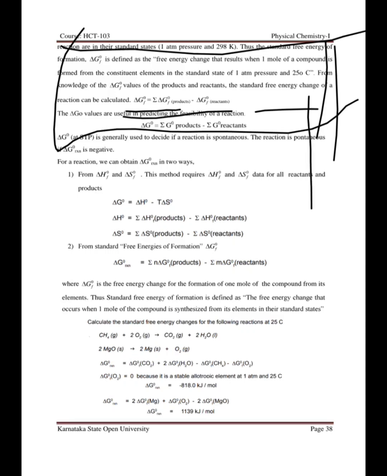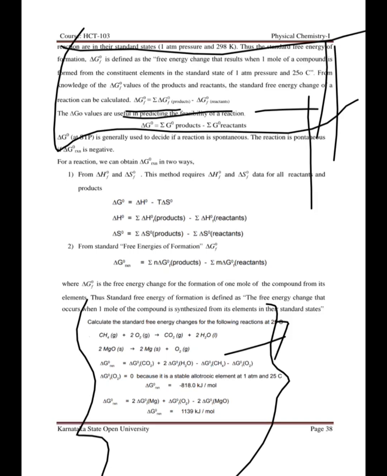And next, some examples of reactions taking place in the system are given. Methane with oxygen forms carbon dioxide with 2 moles of water. And one more example is given, magnesium oxide forms manganese plus 2 moles of oxygen.